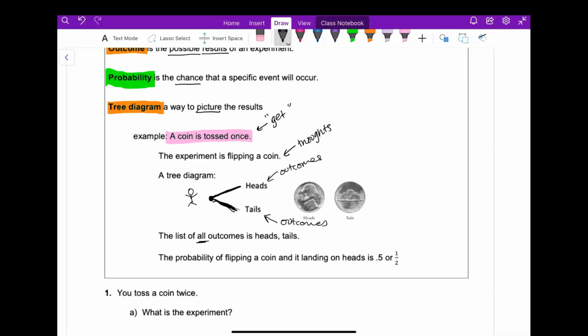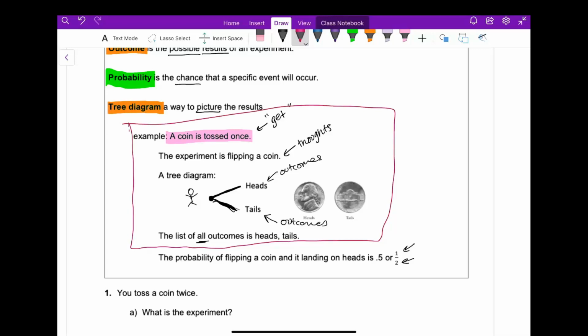And so you would say the list of all outcomes is heads and tails. And in a little bit, we'll cover this again, but the probability of flipping a coin and it landing on heads is 0.5 or 1/2. So the most important take-home message in this little square is this part here.